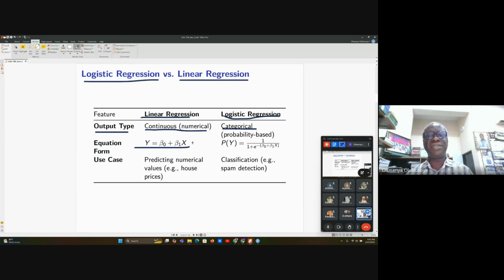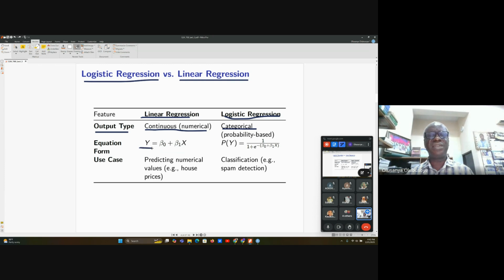It's written like this, y equals beta naught plus beta 1 x. Beta naught is the intercept, beta 1 is the coefficient. Everything together is the linear equation.